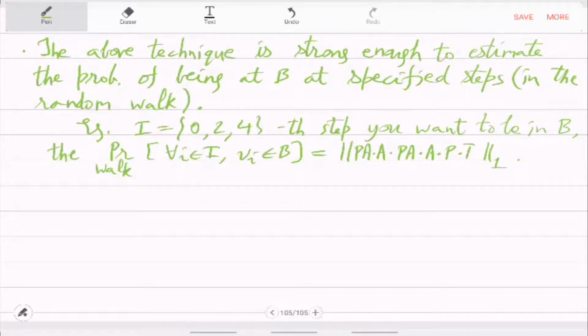I am claiming that these kinds of matrix products also can be analyzed in a way similar to the above.